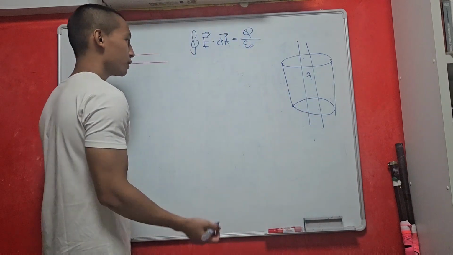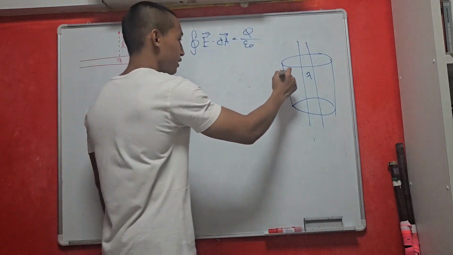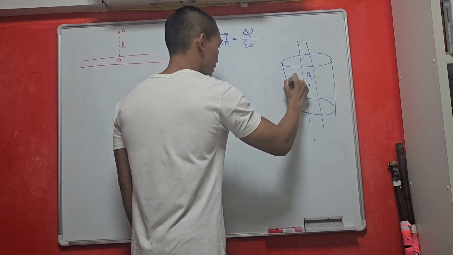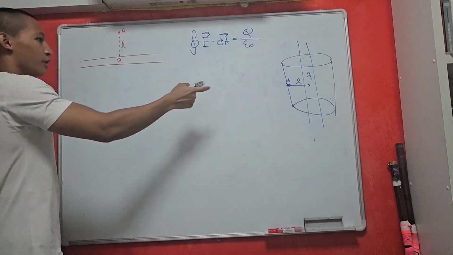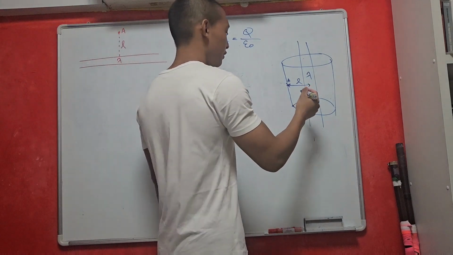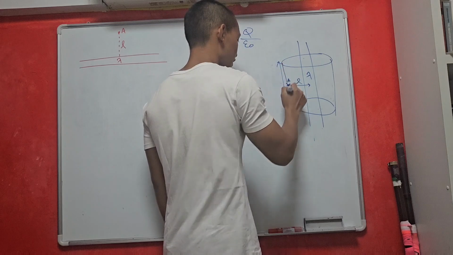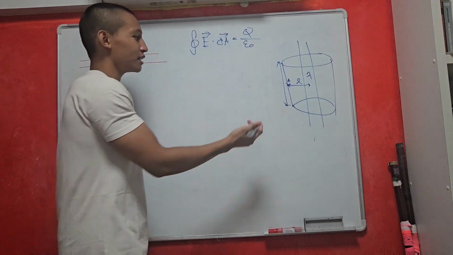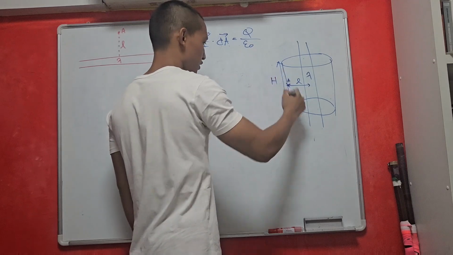Then we're going to find the electric field at point A, which is here, and this is distance L away from the wire. We can also say that the height of this closed surface, which looks like a cylinder, which is a cylinder, is capital H.